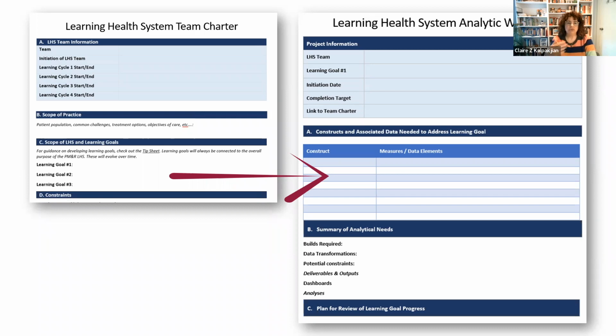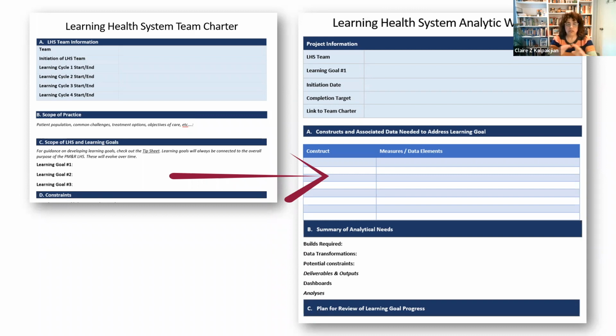And this continues to be iterated as the data analysts work with the team champion or the teams to really flesh out the granular detail of where are the data, what's the nature of the data, do we need to build the data, do we need to submit a ticket to IT, is there a change needed in documentation practices and what have you. So this document is continually updating, and each learning goal has an associated data work plan, analytics work plan.